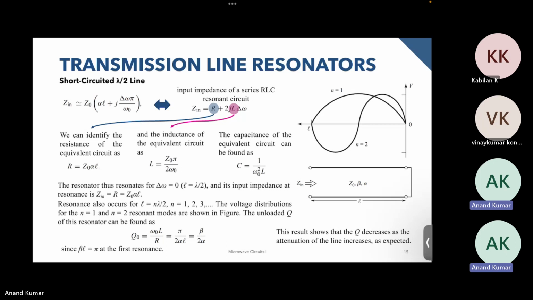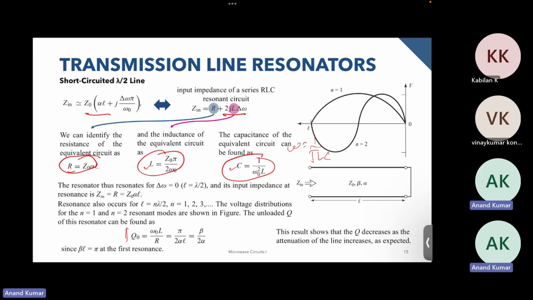Once we have established that these look similar, we can evaluate the resistance, inductance, and capacitance by equating them. Once we have the resistance and inductance, capacitance can be calculated using the omega equals 1 by root LC formula. Similarly, once we have R, L, and C, we can also evaluate the quality factor.